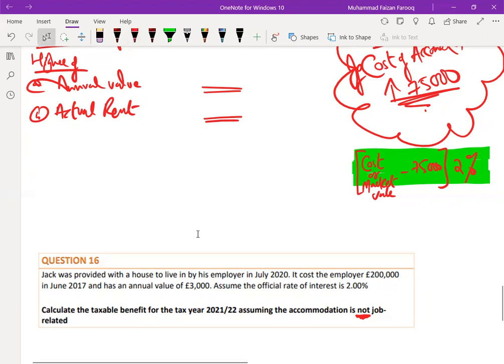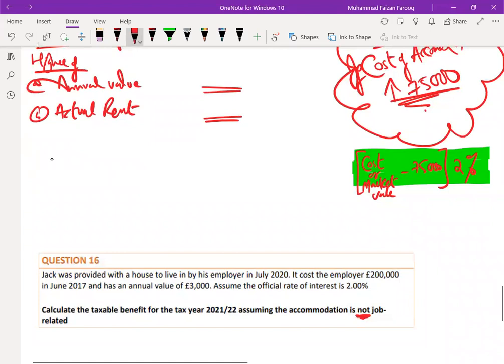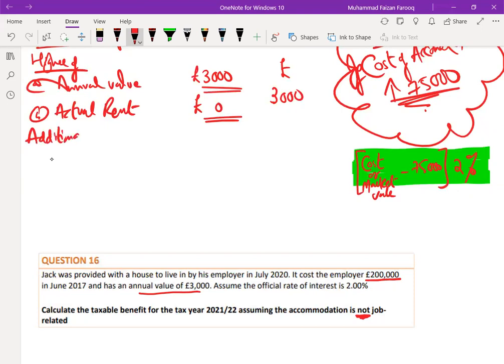So normal benefit will be calculated using this formula. Higher of annual value, which is how much? 3,000. Actual rent is not given, right? So higher is 0 or 3,000? 3,000. Very good. Is the cost mentioned? Is the cost of accommodation mentioned in the question or no? The cost is mentioned.